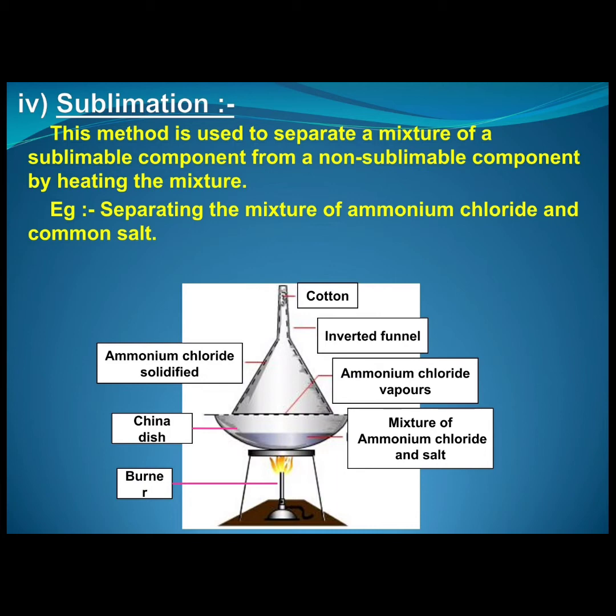And its best example is ammonium chloride. When ammonium chloride is heated, or naphthalene balls that are used in our clothes, they directly sublimate, and we can use the method of sublimation to separate the mixture of ammonium chloride and common salt.